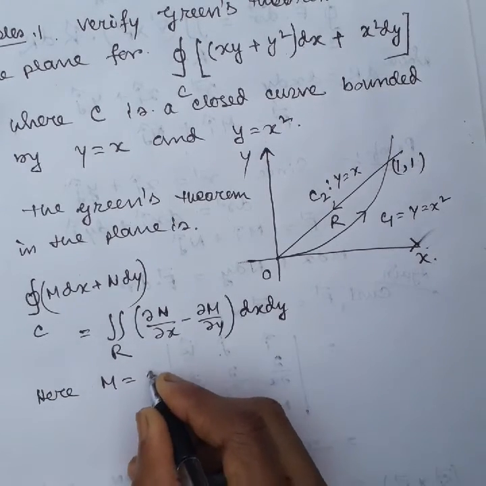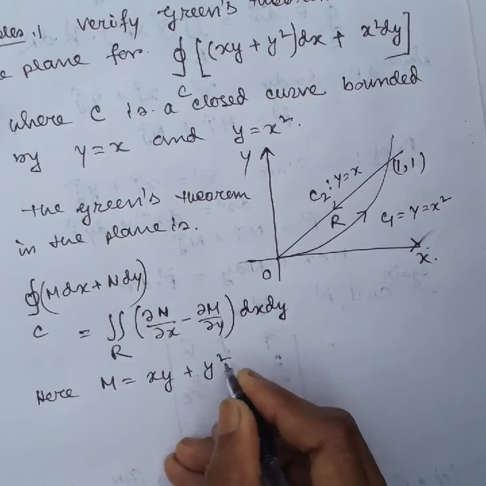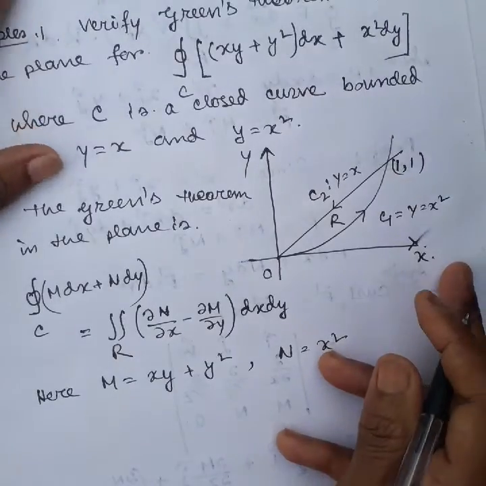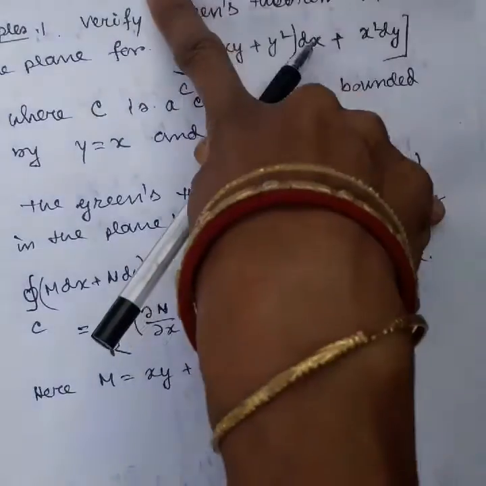Here m is xy plus y square and n is x square. Clear?